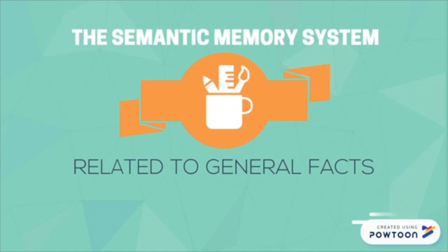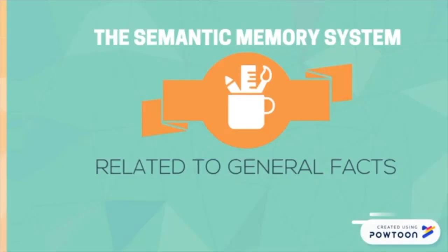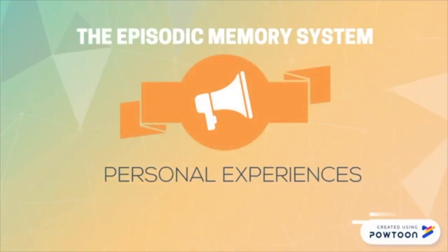But the semantic memory is more related to generally known facts. Who is the founder of Apple? Well, it's Steve Jobs. This is you using your semantic memory. Who is Cristiano Ronaldo? Well, he's a soccer player. Again, this is us using our semantic memory.